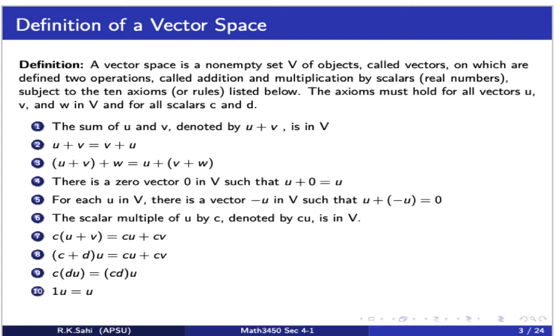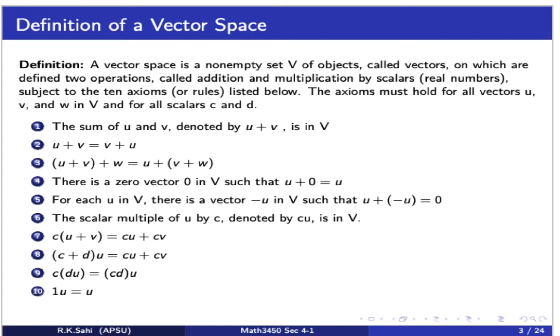And we're looking at scalar multiplication here for scalars by real numbers. And then those sets equipped with these two operations are subject to some rules, 10 of these rules. If all the objects satisfy these 10 rules, then we say that that non-empty set of objects is called a vector space.